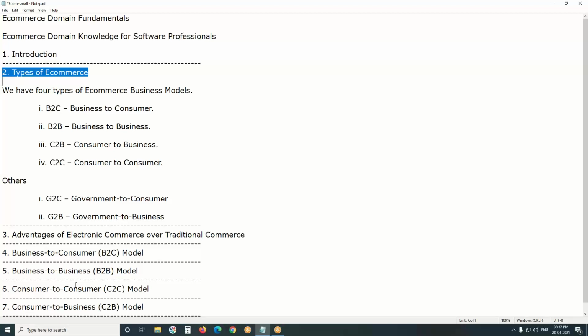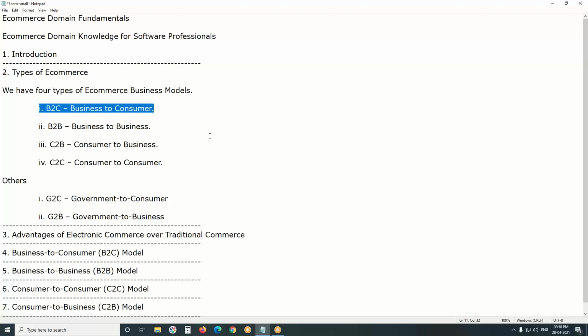Next, types of e-commerce. We have several types of e-commerce business models, in which four types are important. First one, B2C. In this topic I will explain just in a simple manner. Next, I will expand these concepts in this video only.